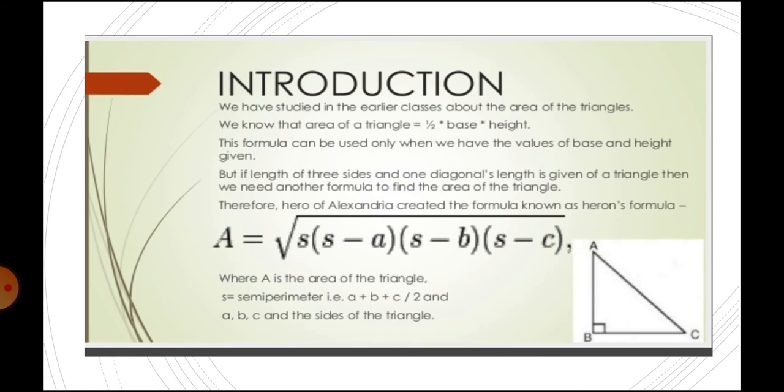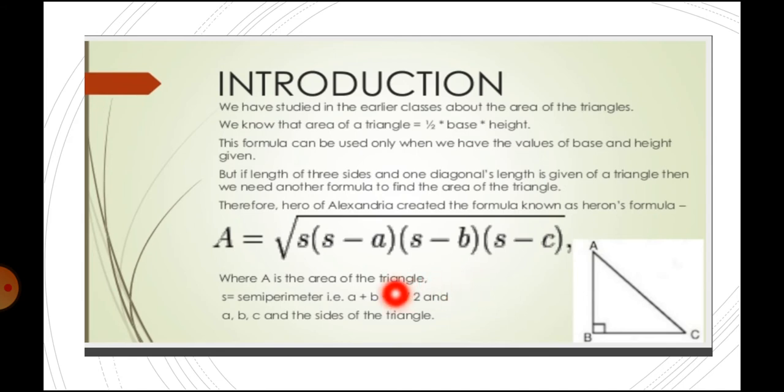Now, what is Heron's formula and how is it given? This formula is written as area equals under root s into s minus a, s minus b, s minus c, where a, b and c are the respective side lengths of the triangle ABC.